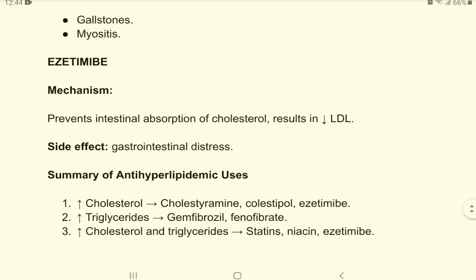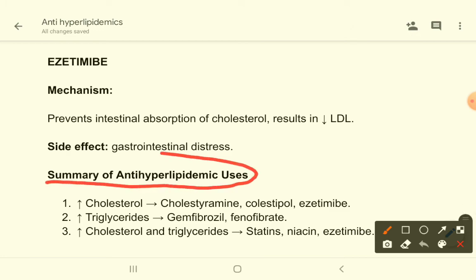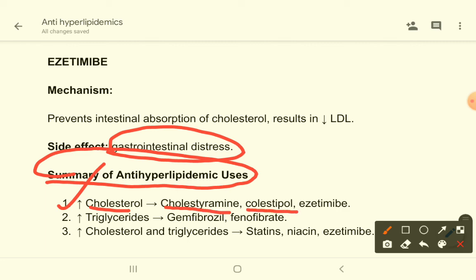Now the summary of antihyperlipidemic drugs and their side effect: gastrointestinal distress. This is their side effect. So if there is increased cholesterol, that means hypercholesterolemia, you can use cholestyramine, ezetimibe, or statins.